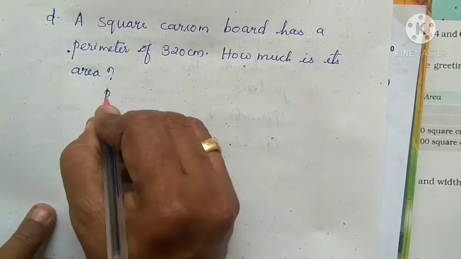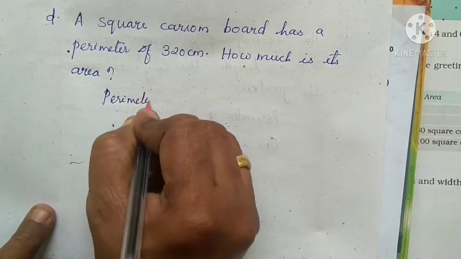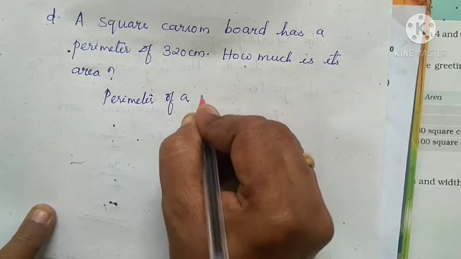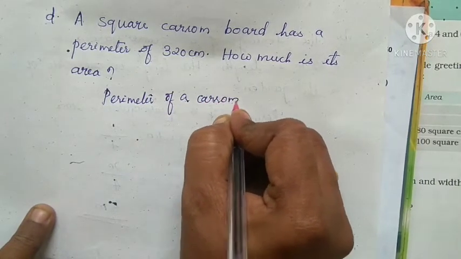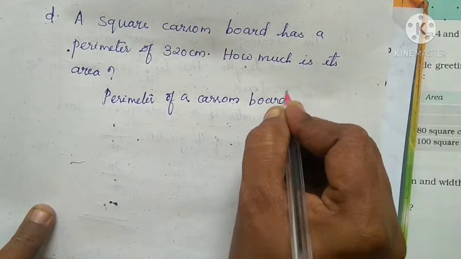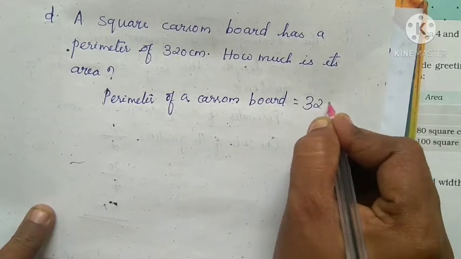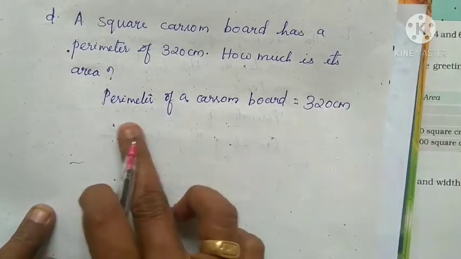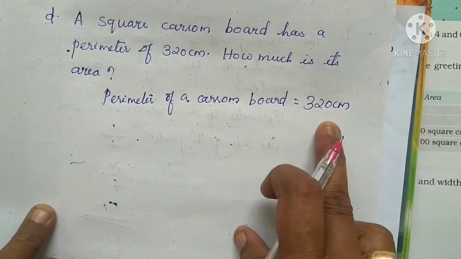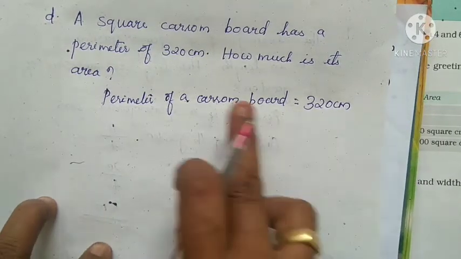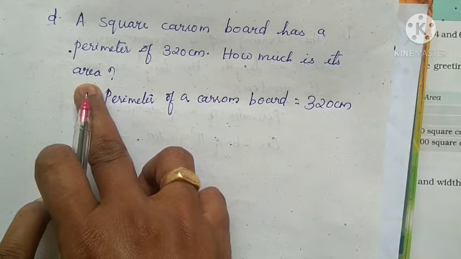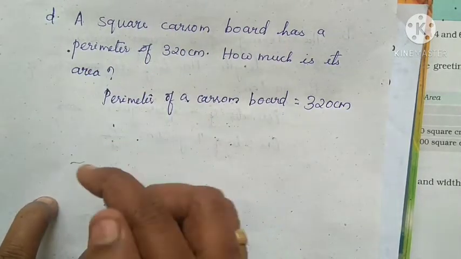So the perimeter of a carom board is equal to 320 centimeter. So we needed to find out its area. So first we have to find out the side of the carom board.